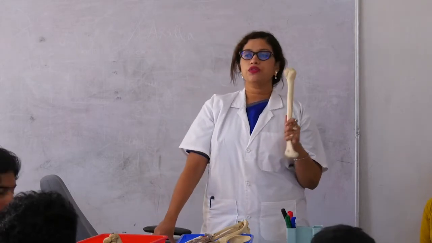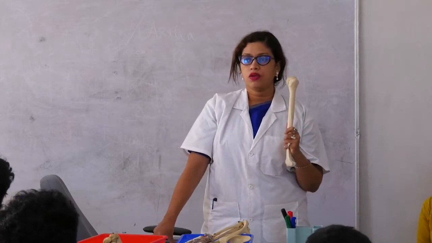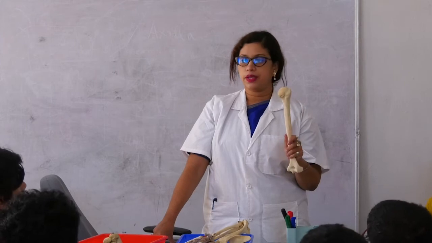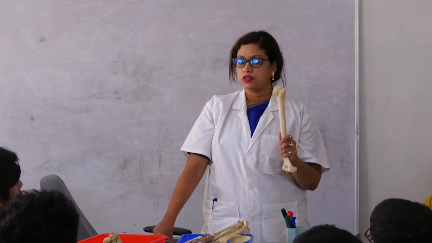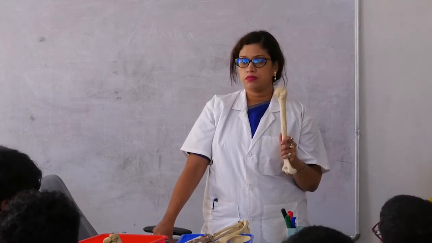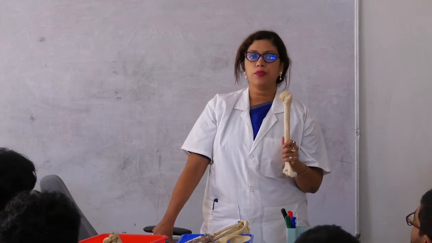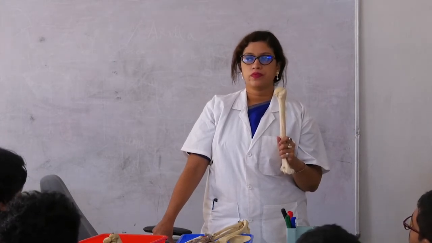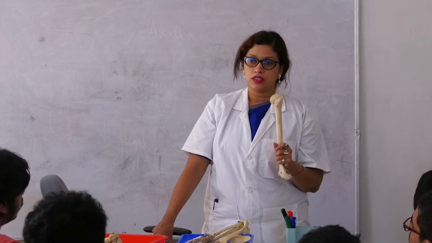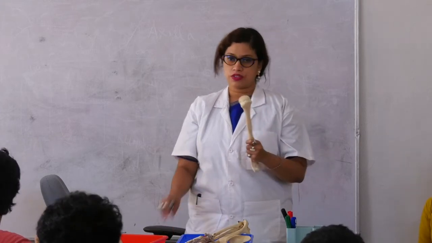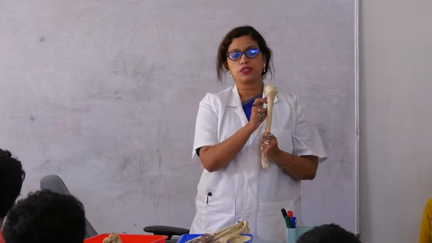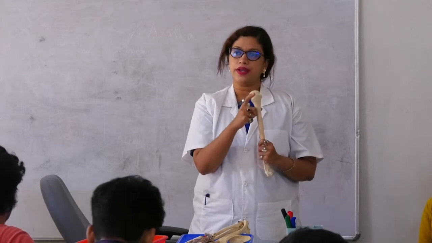Which humerus could we see it in? It is not visible, right, in this humerus. In which humerus is the morphological neck prominent? Below 20 years, okay, the young humerus, because the morphological neck is prominent.